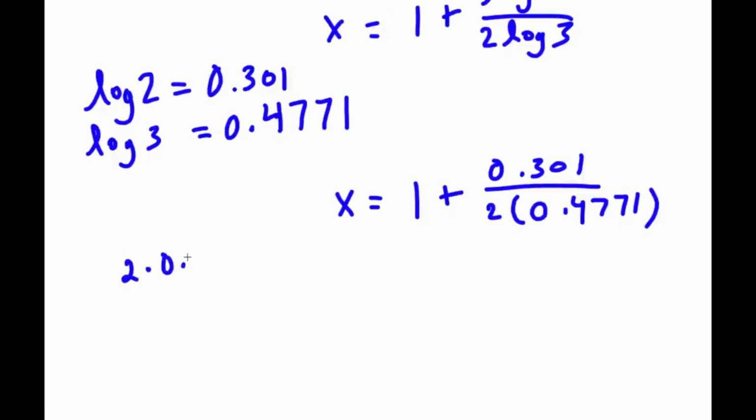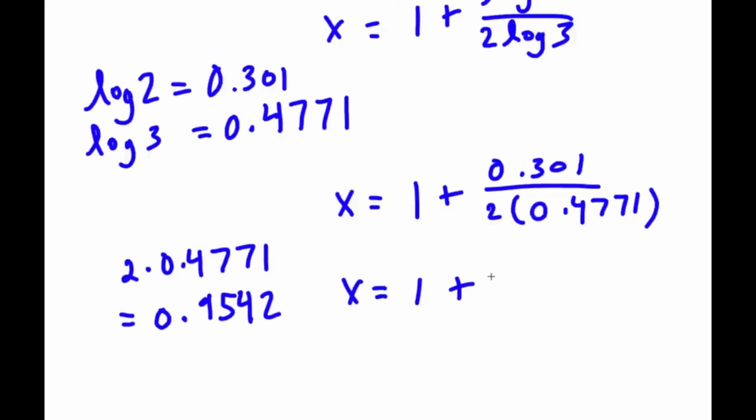2 times 0.4771 is equal to 0.9542. So I have x is equal to 1 plus 0.301 over 0.9542.